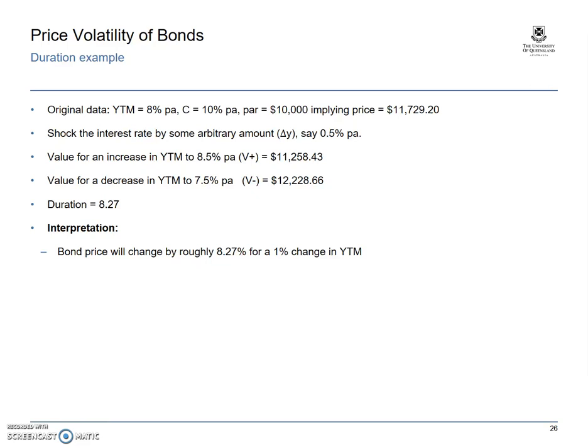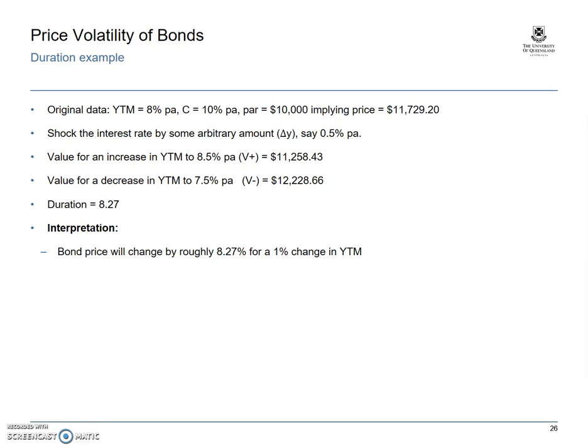The value for a decrease in the yield to maturity, so in this case we go from 8% minus 0.5%, is equal to 7.5%. So now our V negative will be $12,228.66. Again, that's expected. If rates fall, we would expect the value of the bond to rise.